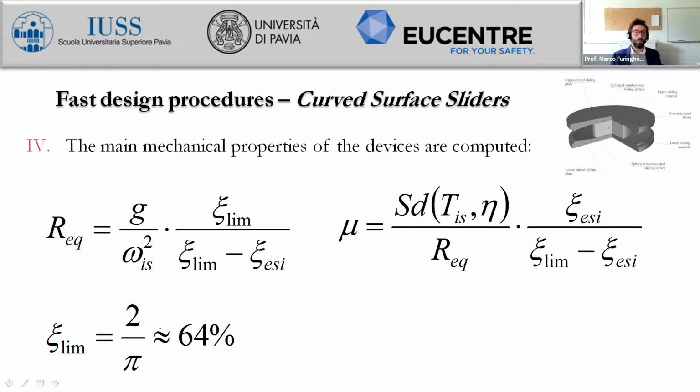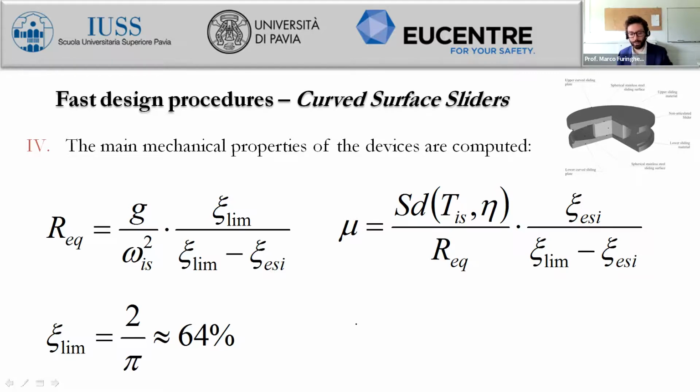Whatever the shape of your hysteresis, this is the maximum equivalent viscous damping ratio that you can achieve. And it is related to a specific behavior, the purely frictional behavior. I just want you to see why it is computed as 2 over pi.